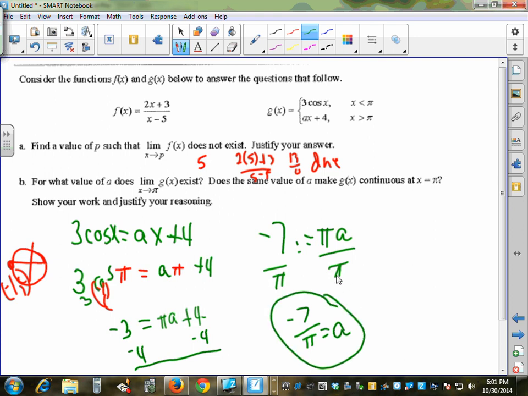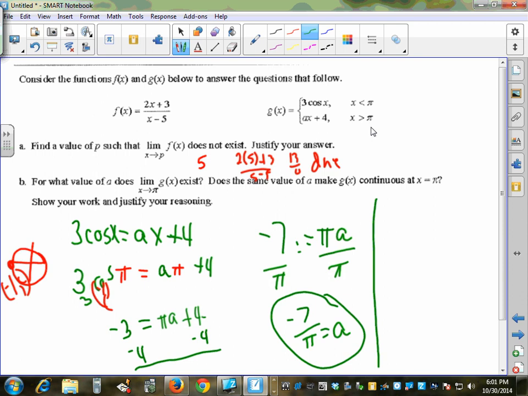Okay. All right. We want to know, will this same value of a make the function continuous at x equals pi? Okay. And that answer is actually a common sense answer. If we look here, this function could never be continuous because this piece works all the way up till we get to x equals pi, skips over it, then this piece continues with x greater than or equal to pi.